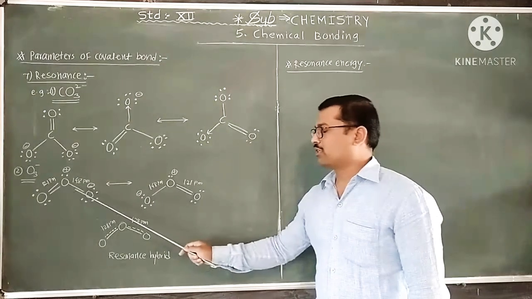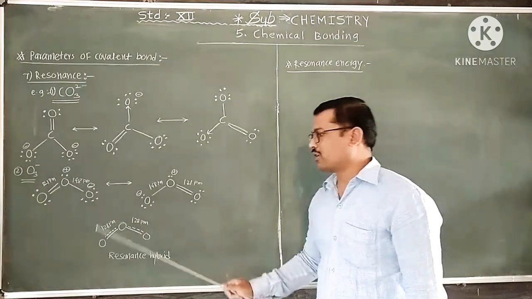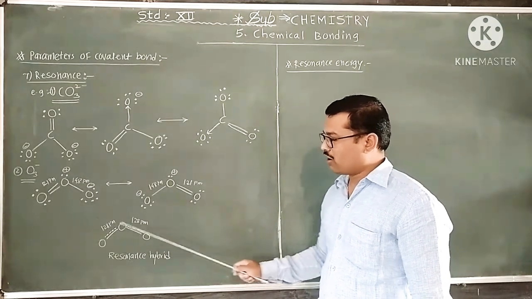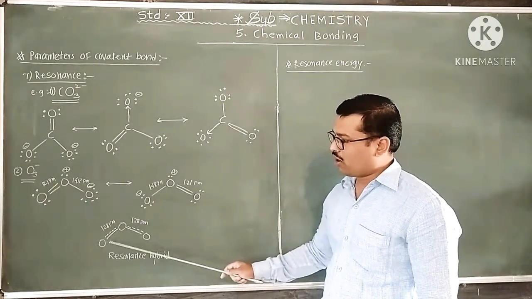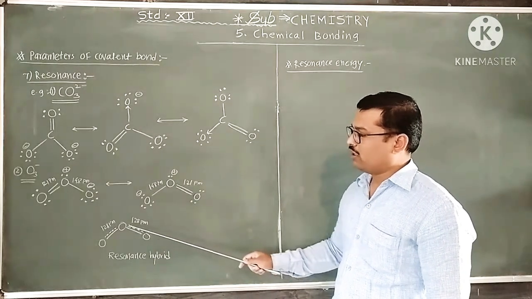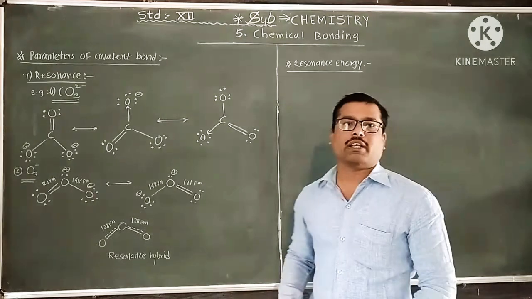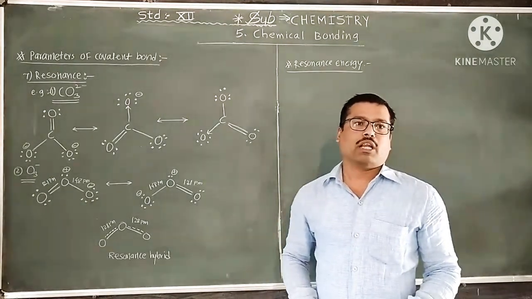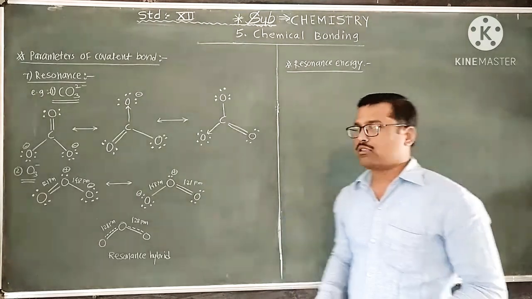These are the resonating or canonical structures, and this is the resonance hybrid. In the hybrid, the bond length between the two oxygen atoms is about 128 picometer, and the other bond length is also 128 picometer. This is resonance.